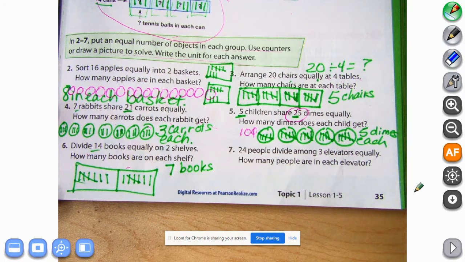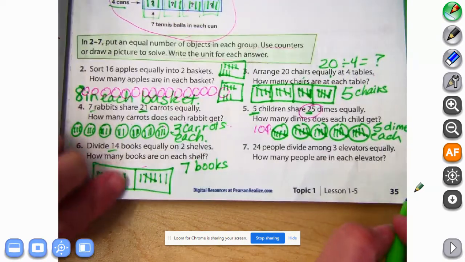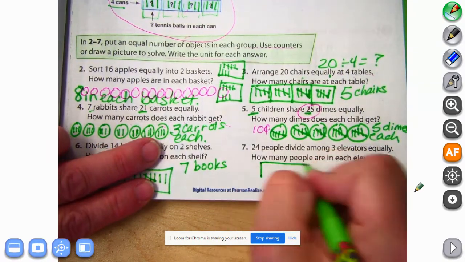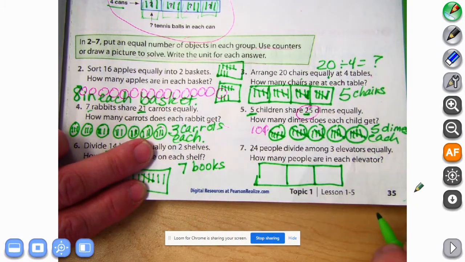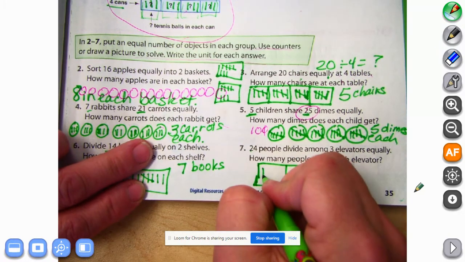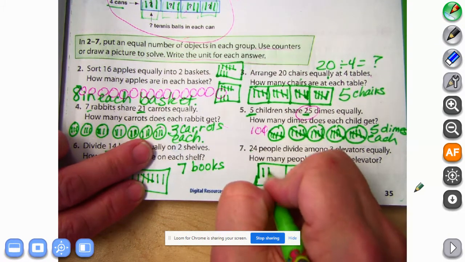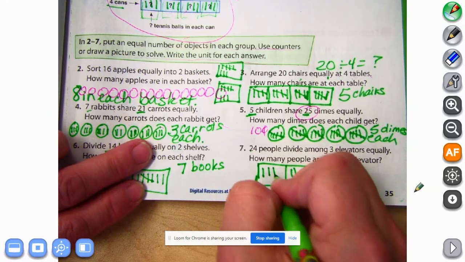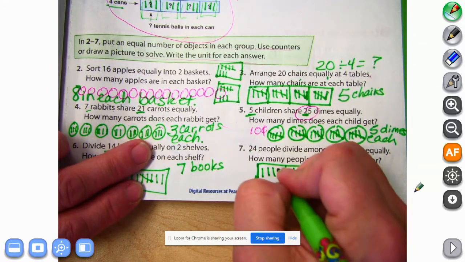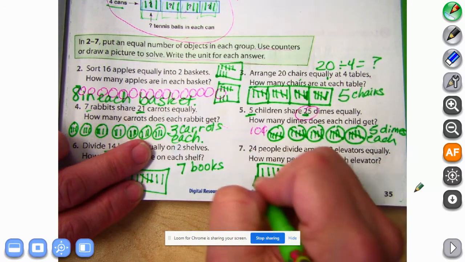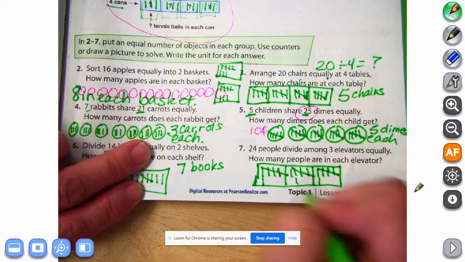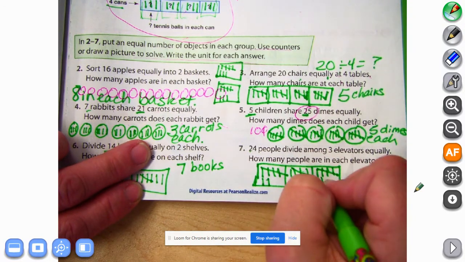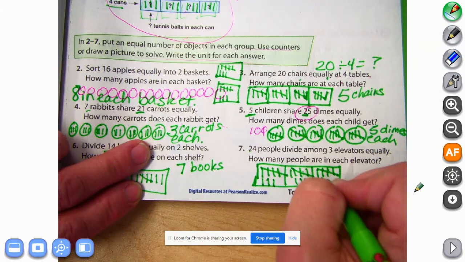Number 7. 24 people divide among 3 elevators equally. How many people are in each elevator? Let's make our 3 boxes here. 1, 2, and 3. We're going to divide 24, so we're going to count up to 24. There's 1, 2, 3, 4, 5, 6, 7, 8, 9, 10, 11, 12, 13, 14, 15, 16, 17, 18, 19, 20, 21, 22, 23, 24.